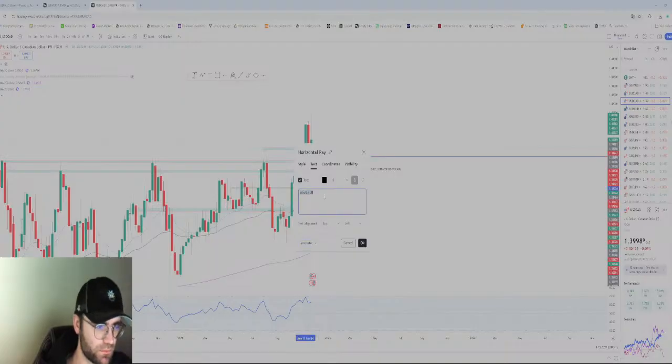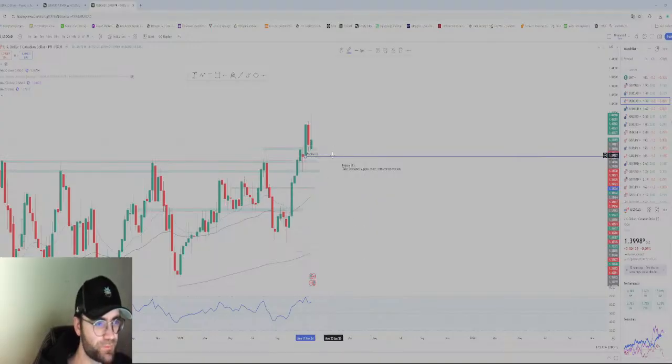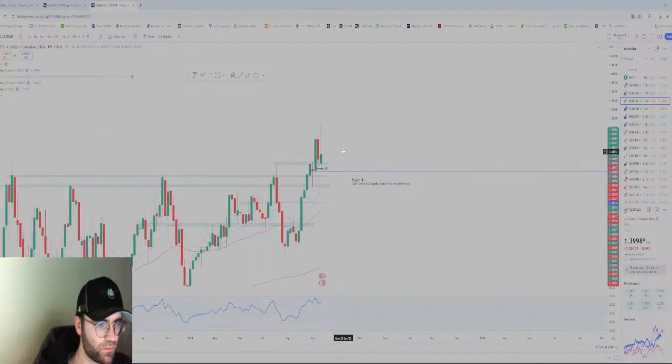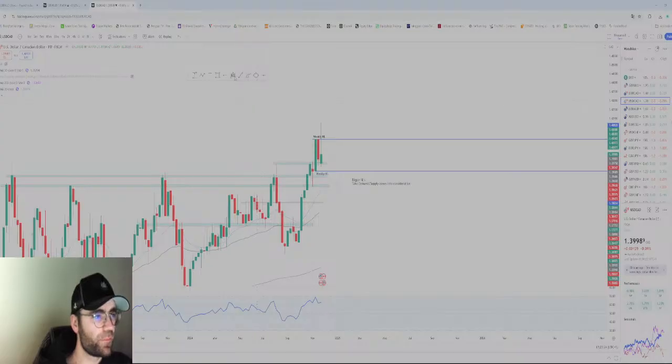Weekly higher low. So weekly is bullish.